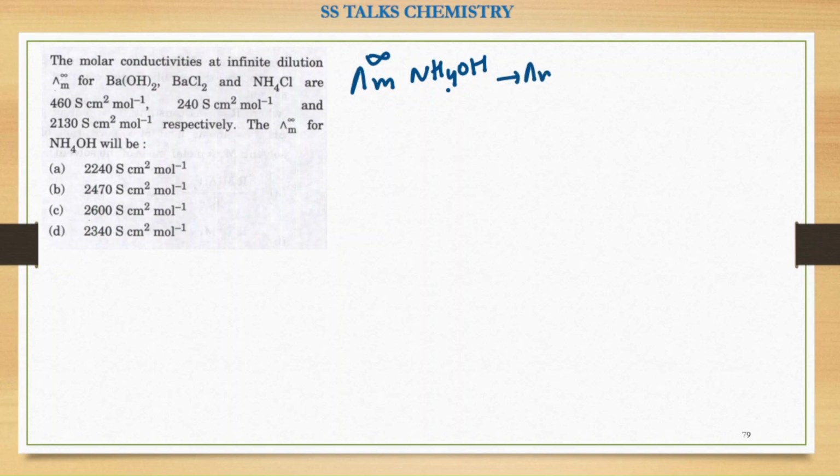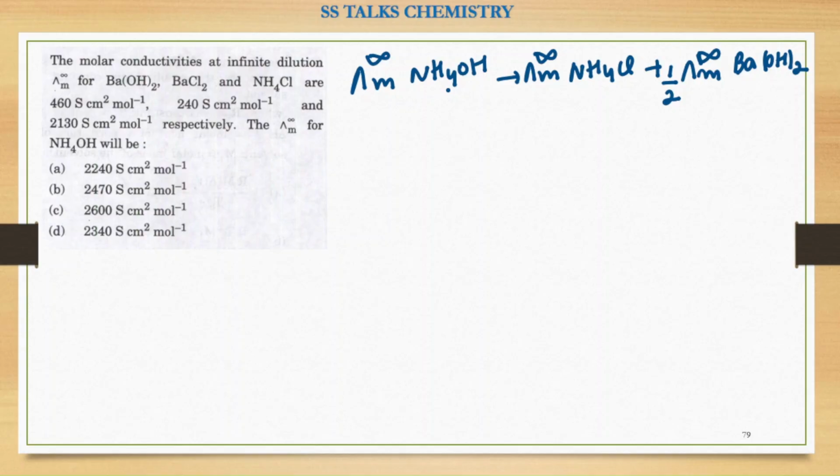So the ammonium ion we can get from ammonium chloride, that is NH4Cl. Now along with this we need the hydroxide. We need one hydroxide. So lambda m at infinite dilution for barium hydroxide has two hydroxide ions. We need only one. So we divide it with the factor of 2 in this case.